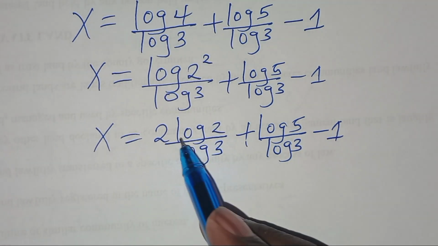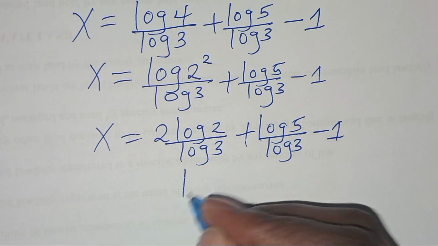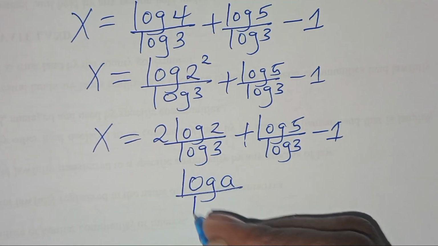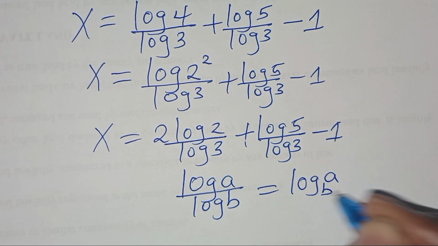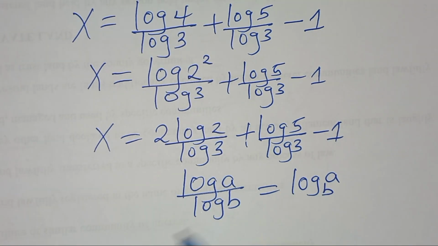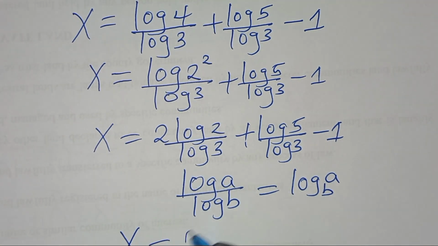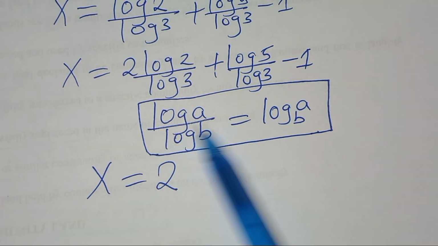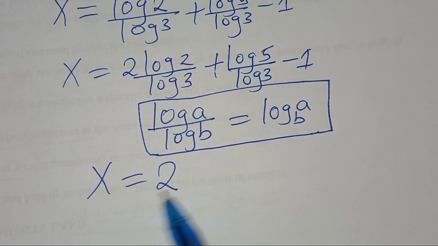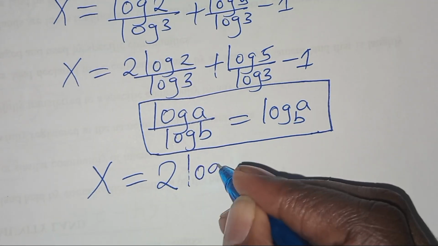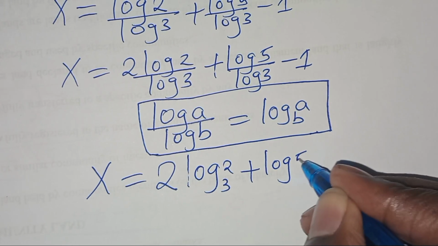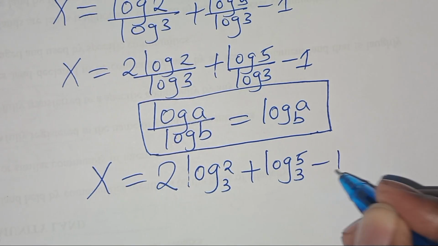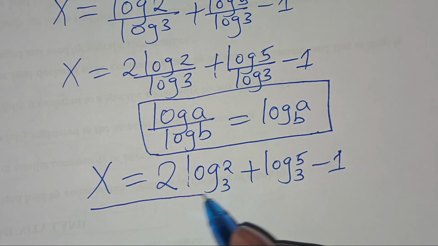So here we have that log 2 divided by log 3. This is in the form of log a divided by log b, which we can express as log a to base b. Applying this logarithm property, then x is equal to 2 log 2 to base 3 plus log 5 to base 3 subtract 1. So this is the value of x.